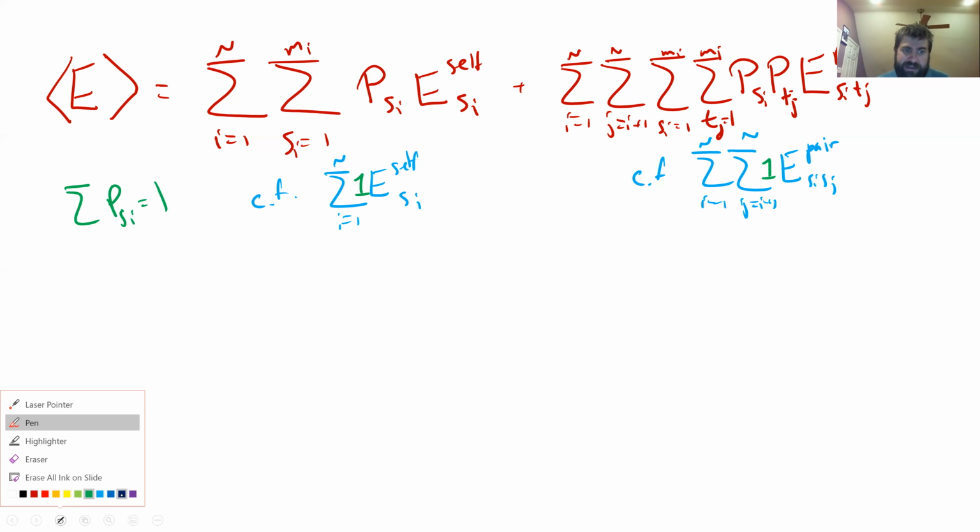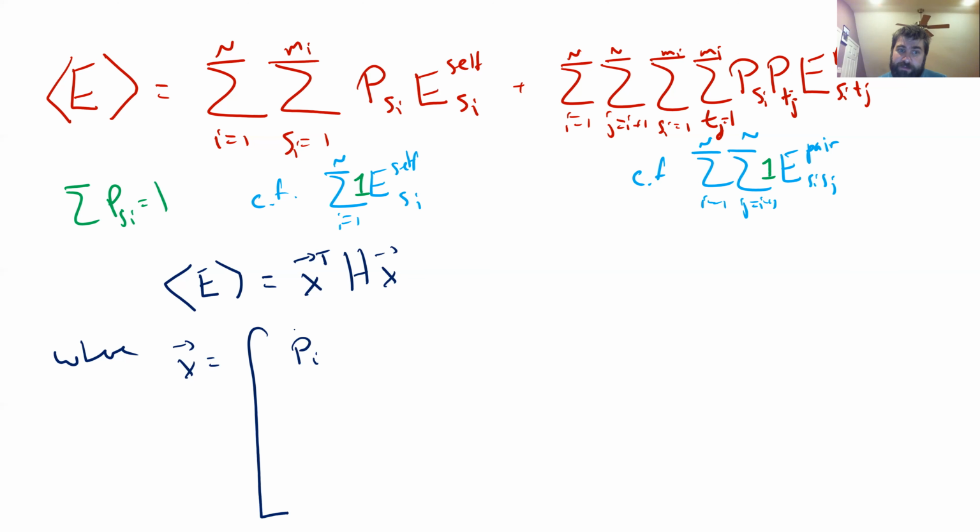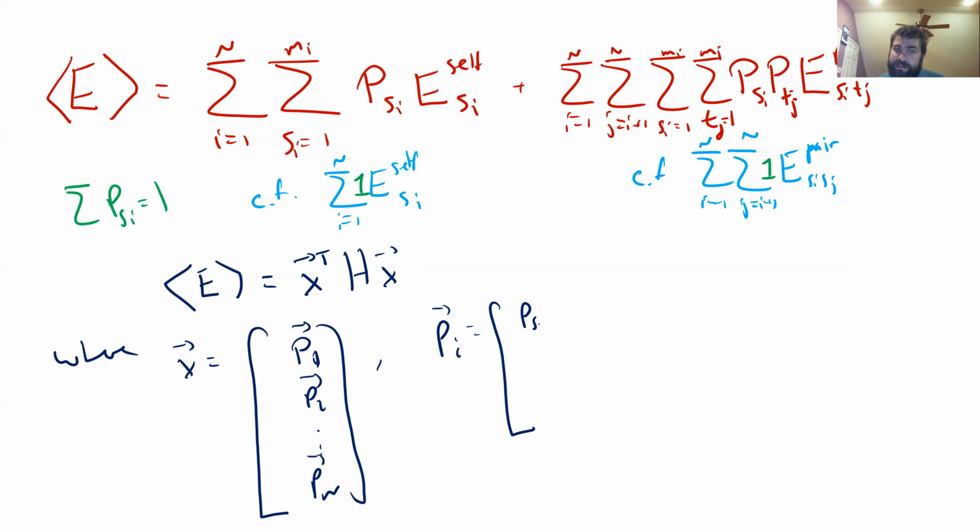This looks like a bigger, more complicated energy function, but this energy ends up simply being exactly the same as X transpose H X, but with X a vector that includes the vector of probabilities at position 1, at position 2, up to position N, where each of these vectors contains the individual probabilities for each individual state.